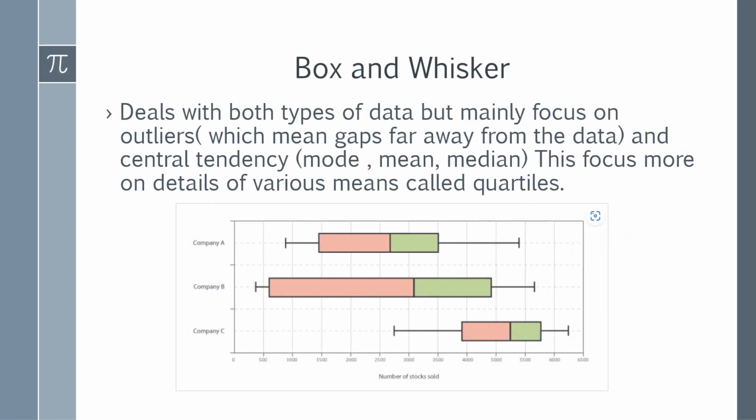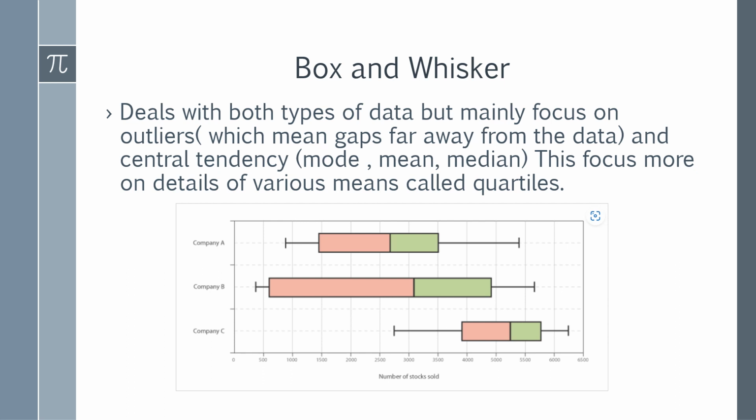Box and whiskers. You guys should be very familiar with that because that's what I taught you using decimals. So this deals with both types of data if you want to deal with it. So this means you could deal with categorical data and numeric data.